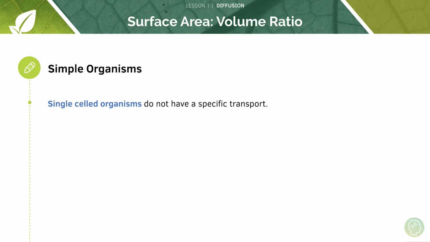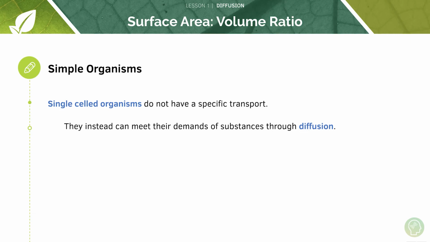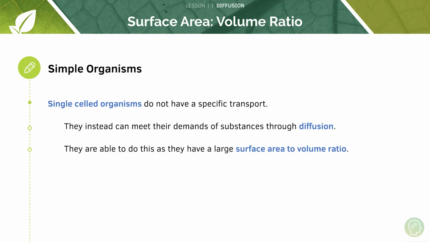Now, simple organisms do not have a specific transport system. They instead can meet their demands for substances through diffusion. We don't, for example, eat by diffusion, do we? But single-celled organisms get their nutrients through diffusion. Substances pass through a partially permeable membrane into the inside from a high to a low concentration.